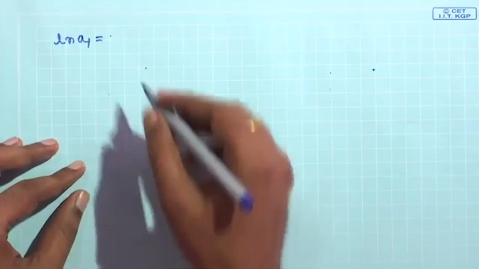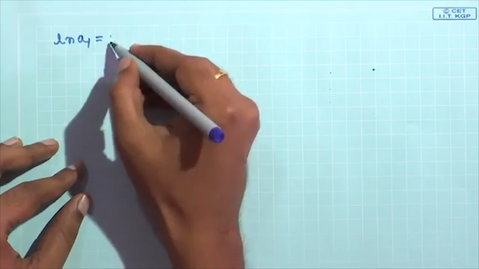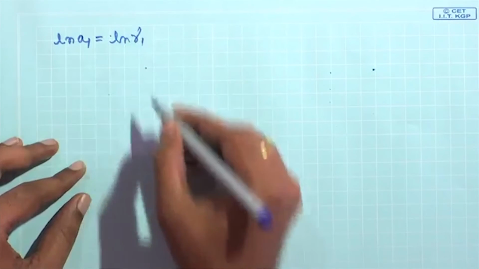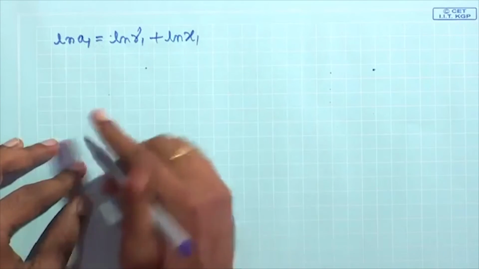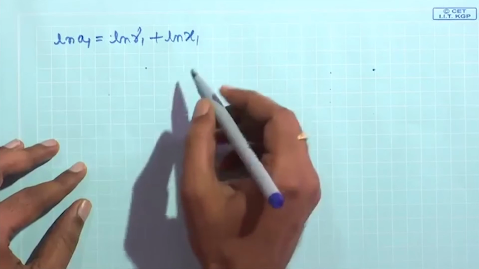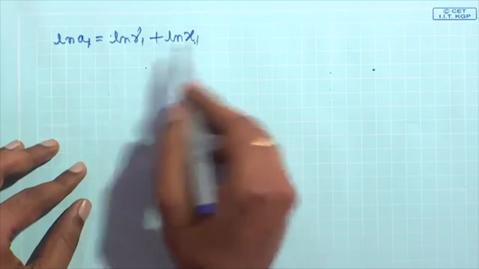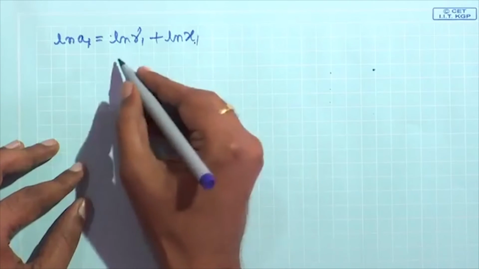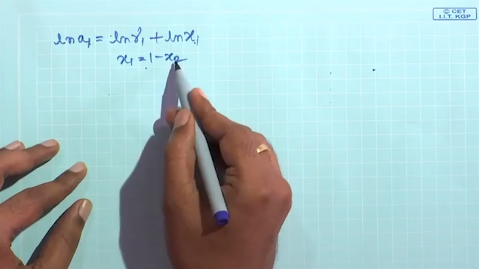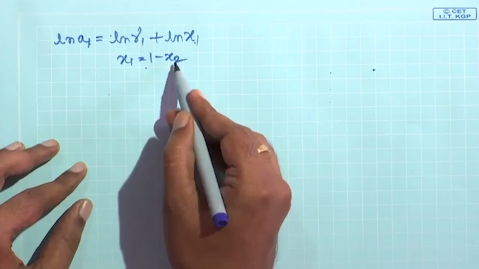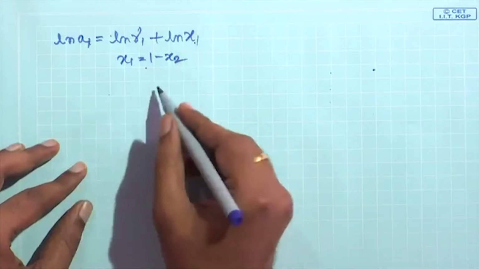So, your ln A1 is basically equal to ln gamma 1 plus ln x 1, just take ln on both sides. Now, x 1 is basically the mole fraction of the solvent in the solution. So, x 1 is equal to 1 minus x 2. Remember, x 2 is very small, it is a very dilute solution. For all these experiments you are using a very dilute solution.